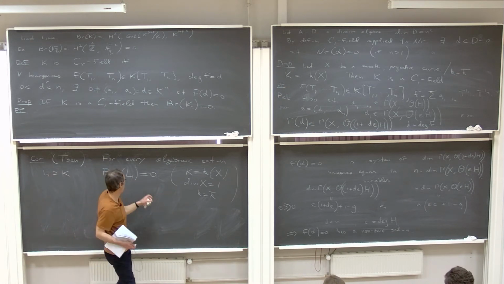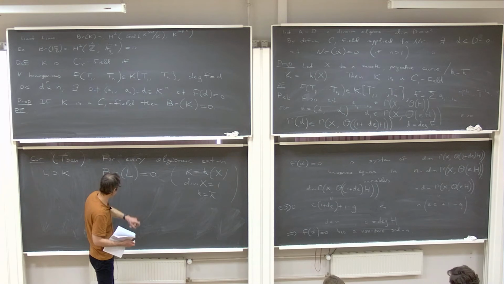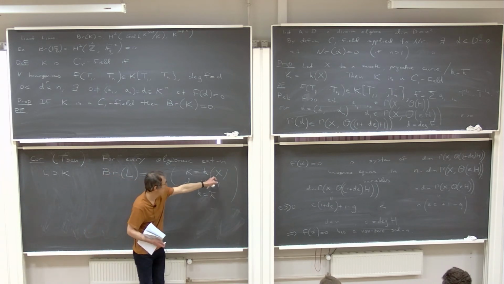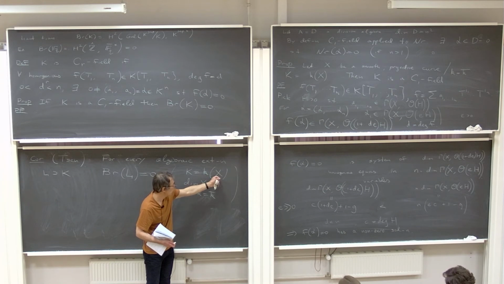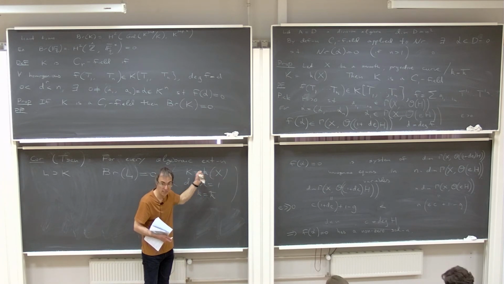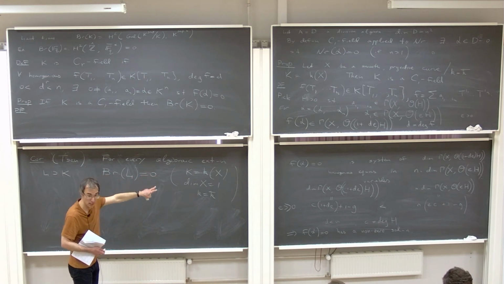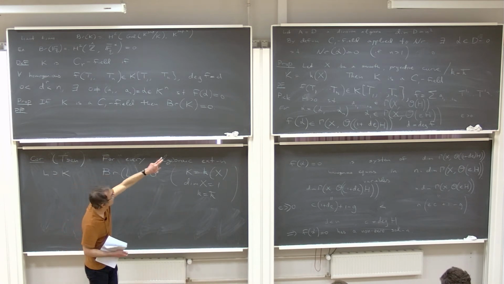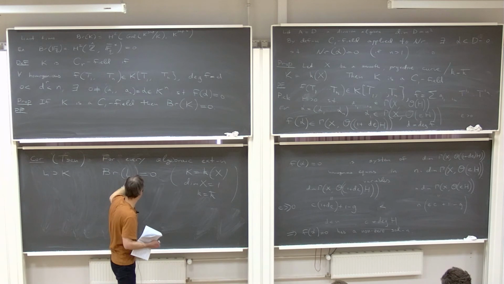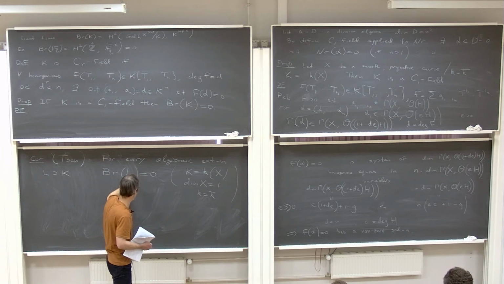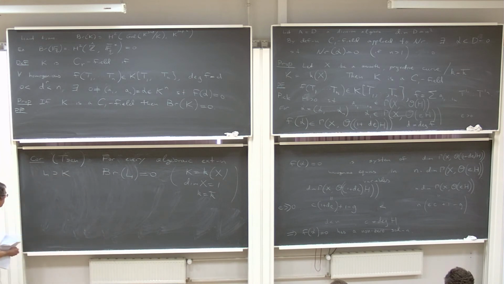Every finite extension L of K defines another curve, which is the normalization of X in this extension. So I can just apply the two propositions to the curve whose field of rational functions is L. Okay.